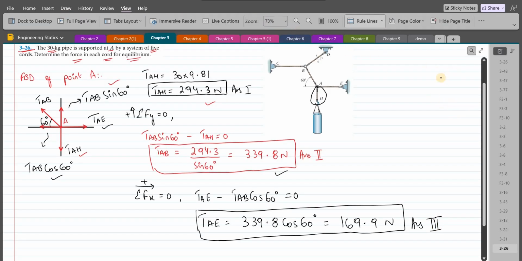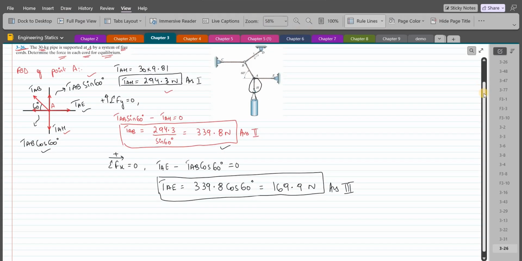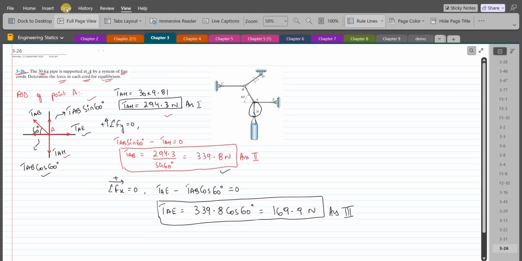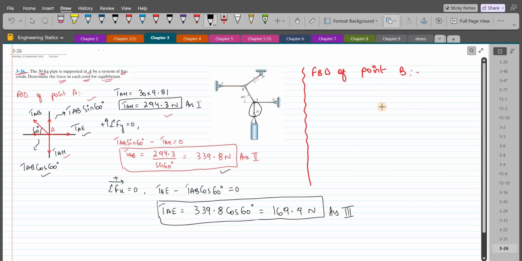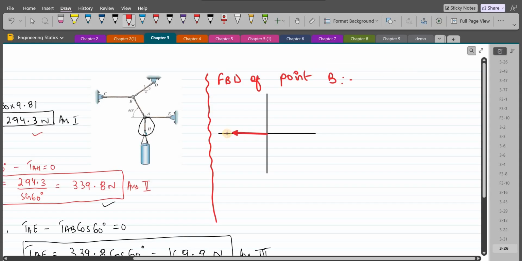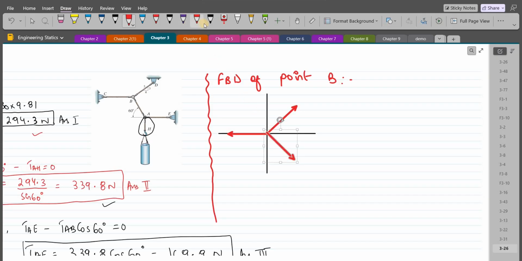Now for the rest of the forces, we have to consider the free body diagram of point B. So the free body diagram of point B would look something like this. We have a tensile force TBC and we have the tensile force TAB. Let's label them first.